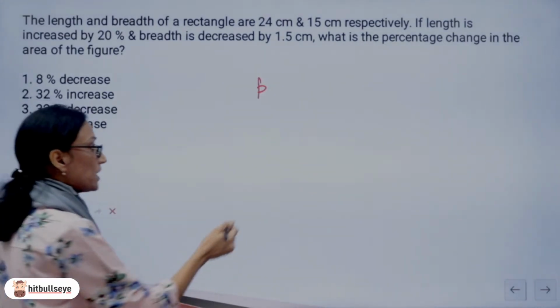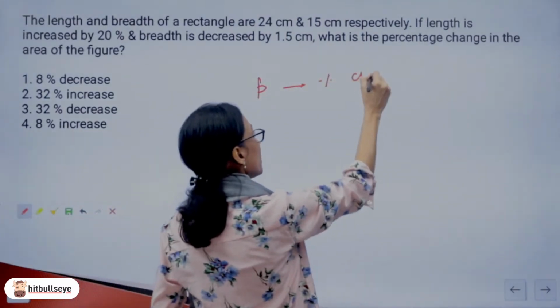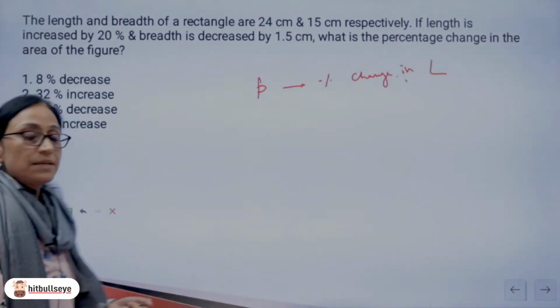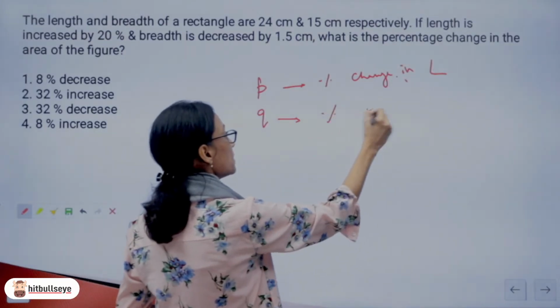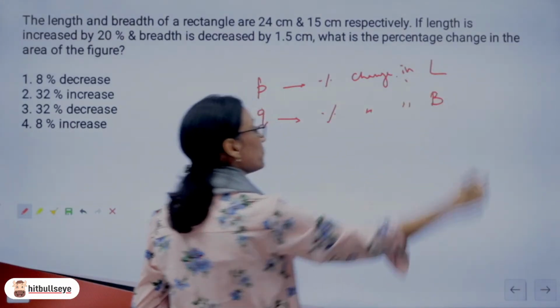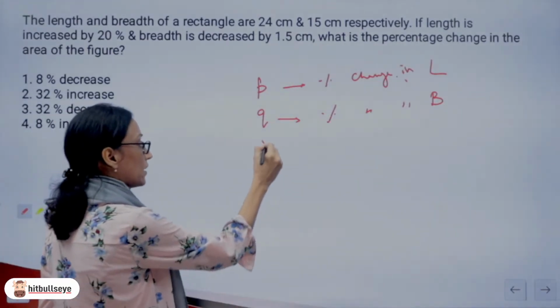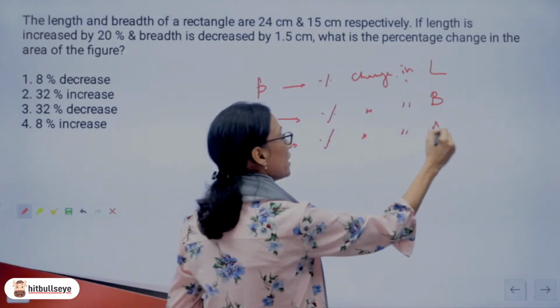So P is basically representing the percentage change in the length. Similarly, let us talk about Q, which represents the percentage change in breadth. Using these two values, we are going to find out R, which represents the percentage change in area.